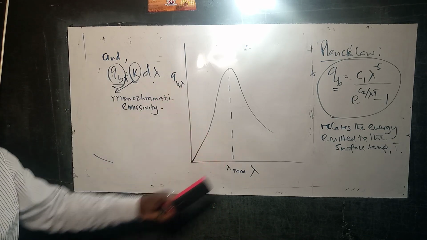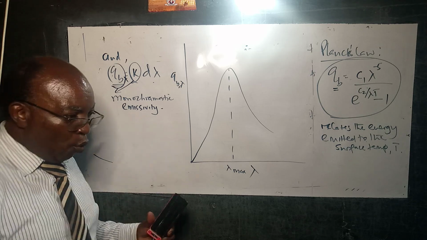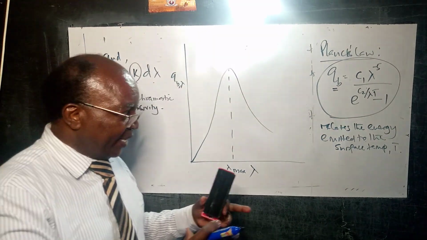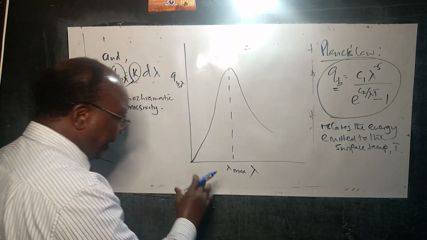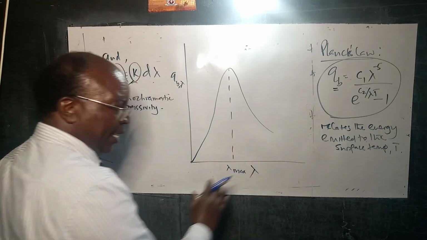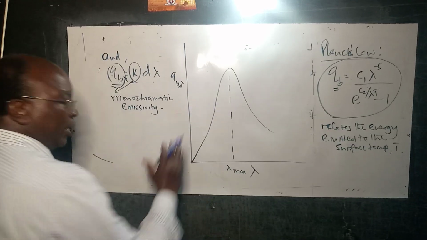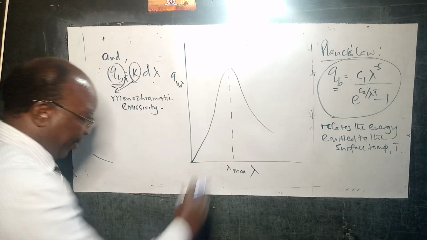And when you do these values at different temperatures, you will find that as you increase the temperature, the lambda max is displaced towards the shorter wavelength.